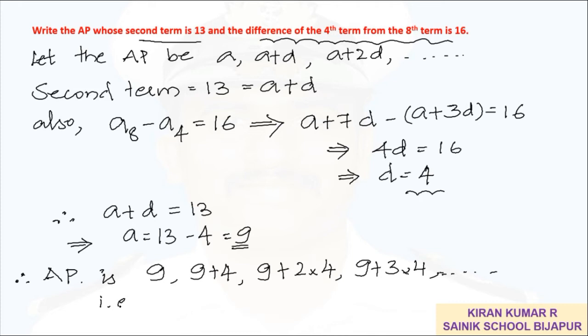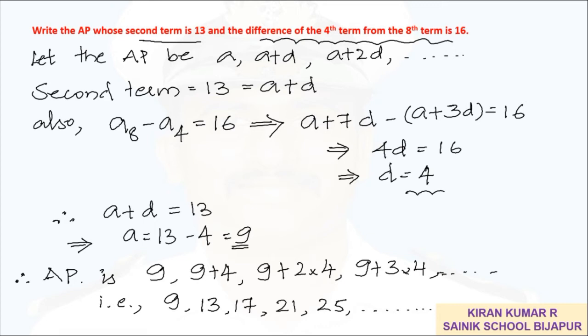That is 9, 13, 17, 21, on continuation 25, 29, so on. We get the arithmetic progression.